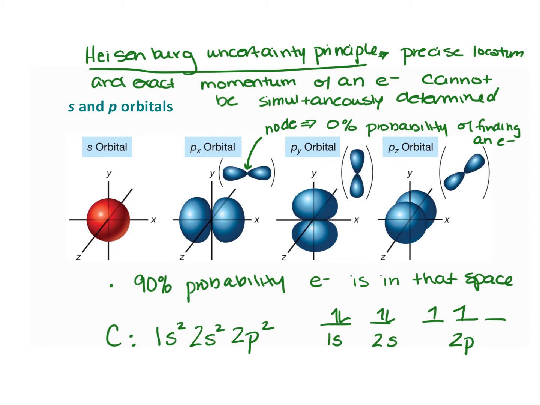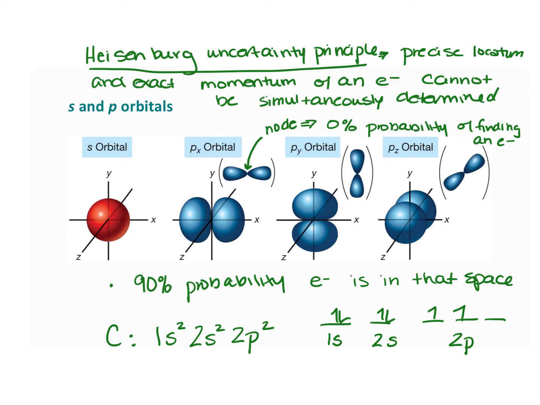There's only one orbital for 1s and only one orbital for 2s because there's only one orientation along the x, y, and z axis that a sphere can have. It's spherical. 2p though, because it can line up on the x-axis, the y-axis, or down the z-axis, we have 3 individual orbitals that represent x, y, and z. And so they're shown with these subscripts that you see here. Okay.